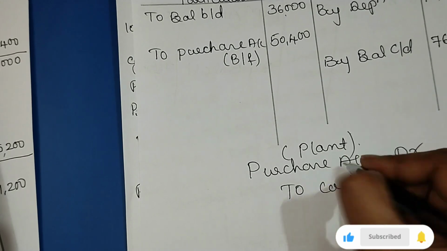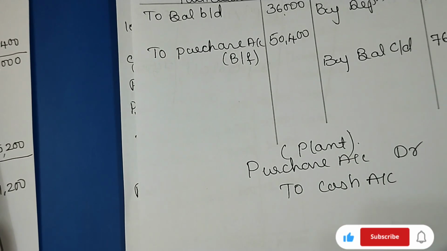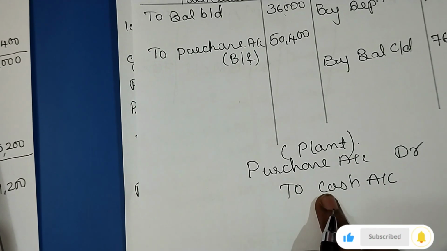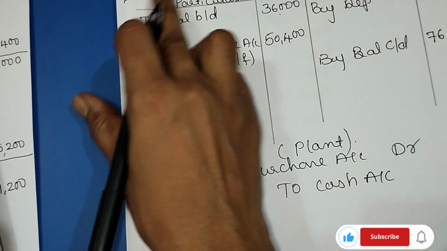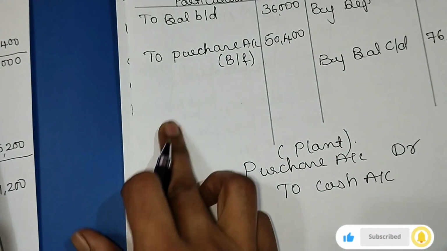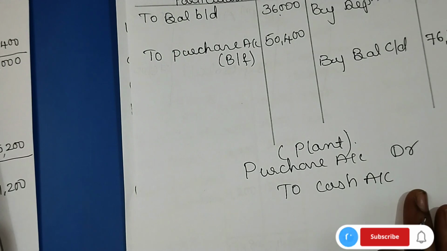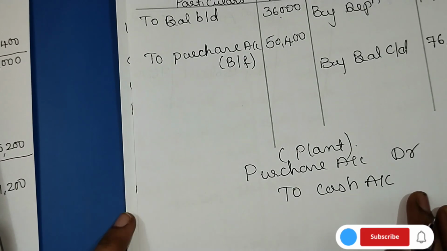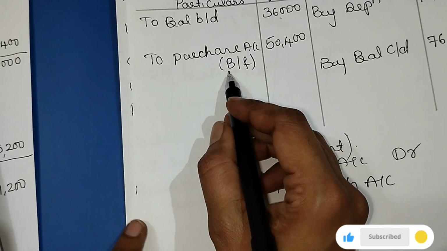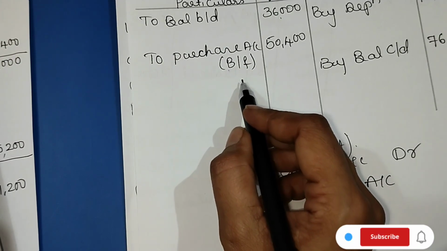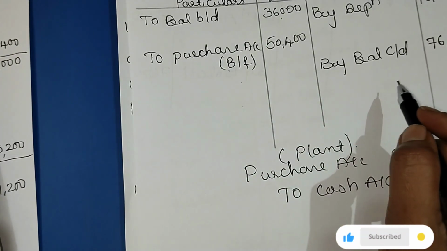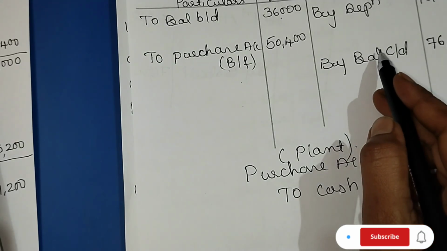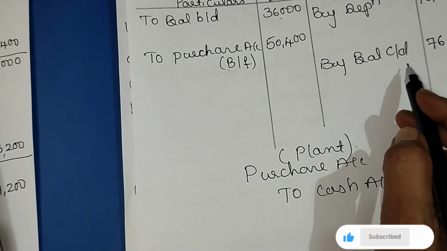Plant account. Right. Here, purchase account we have debited. Plant account. 50,400 balancing figure. Understood? If in case your debit exceeds the credit, then the balancing figure you are taking as a sale.